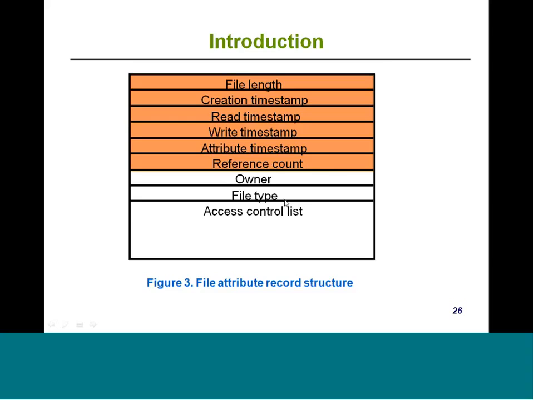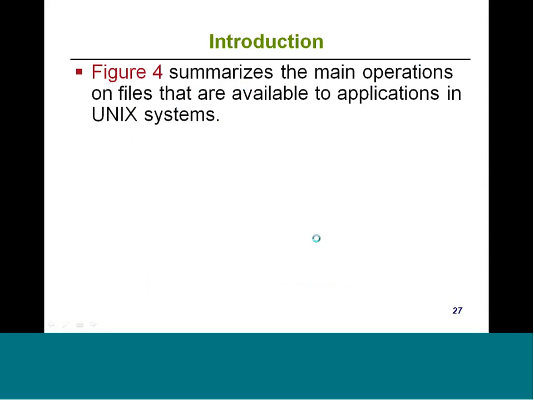And then there are some additional ones, which are the owner, the file type, and the access control list. So this is typically the record that is kept as part of the file, and we can access these various parameters to get the values. These are done through the operations essentially.